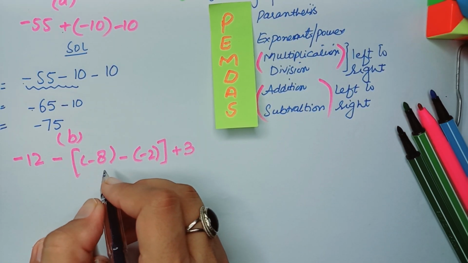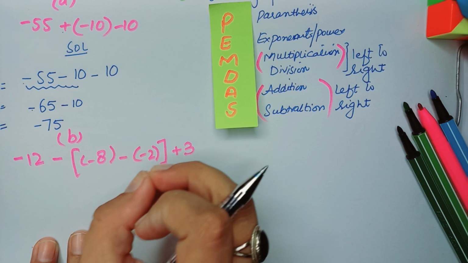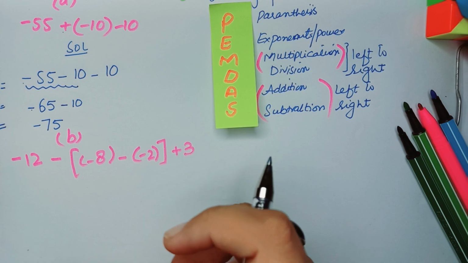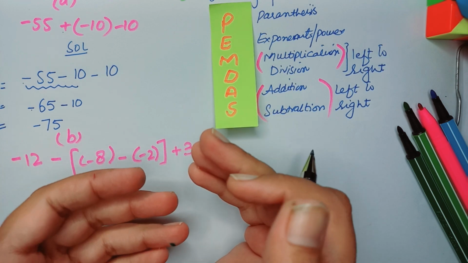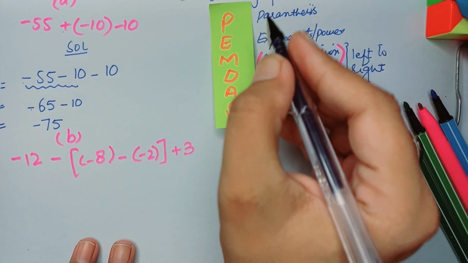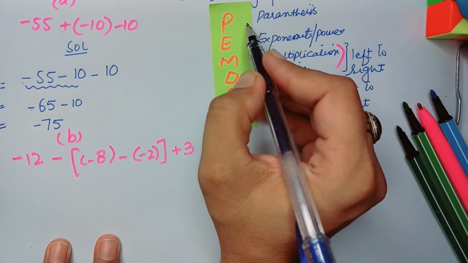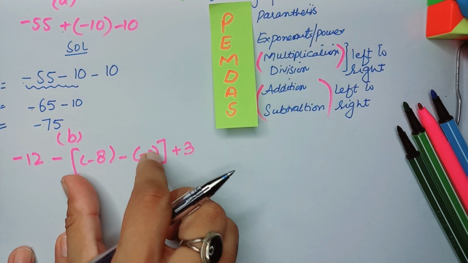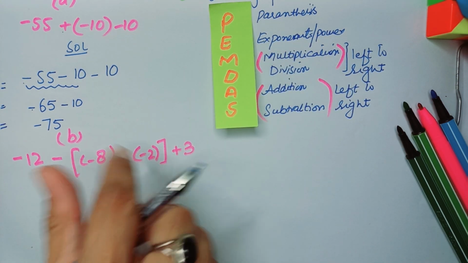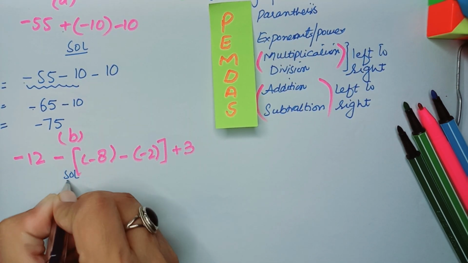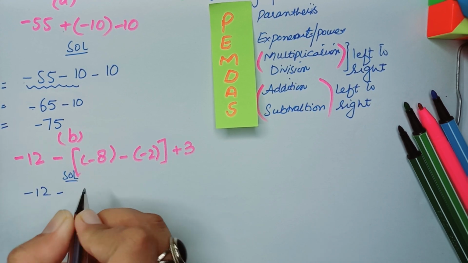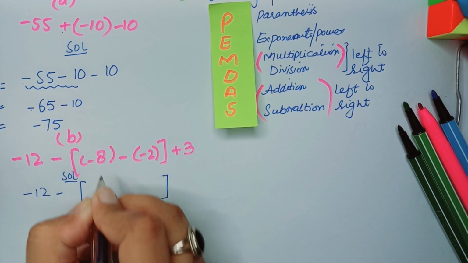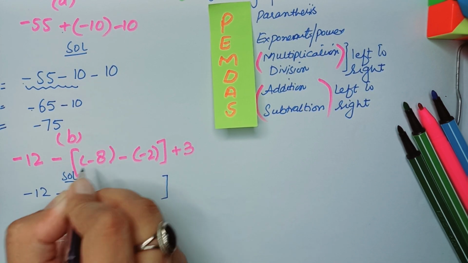B part. In this part, students, you can see that we have the combined operation. There's addition, subtraction, parentheses. So we have to follow the order of operations. So in order of operations, first we have to solve parentheses. So parentheses means brackets. So let's solve it. First we have to target the bracket. So in this bracket, first we will solve the small bracket.